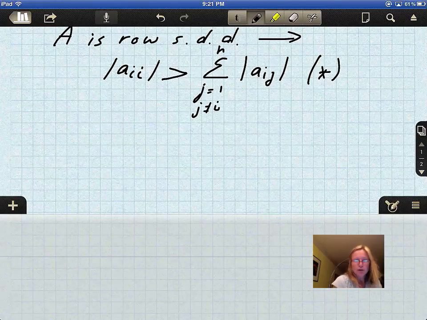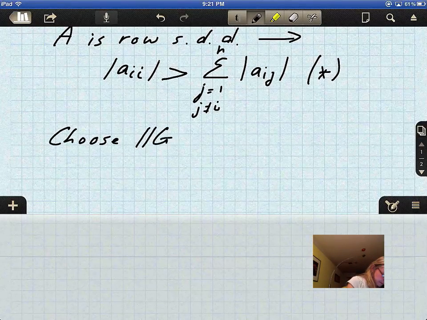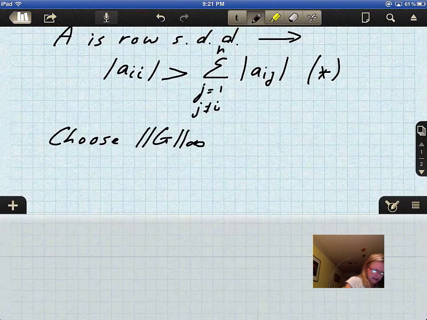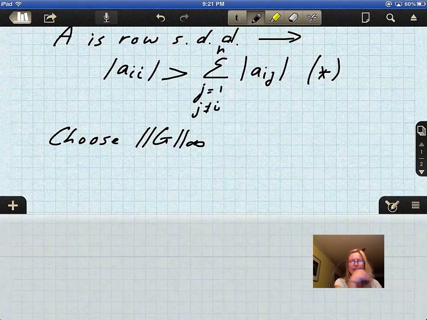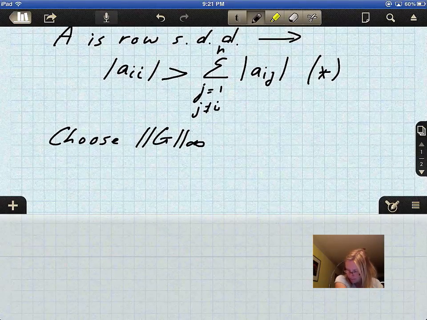Now, to show convergence here, we choose the infinity norm for G. And you may wonder, well, how do you know to choose this? But the infinity norm is the maximum row sum. And so if I have a row strictly diagonally dominant matrix, it makes a lot of sense to start thinking about row sum.